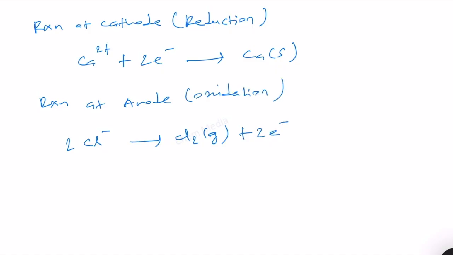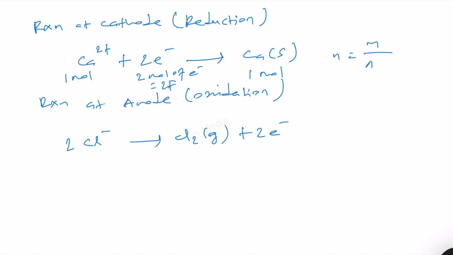Now, the important thing that we need to understand here is the stoichiometric moles. To get 1 mole of calcium, we require 2 moles of electrons if we have 1 mole of Ca2 plus. That's the important thing to understand here. 2 moles of electrons means 2 Faraday. So what is the weight of 1 mole of calcium? We know that number of moles equals mass divided by molar mass.